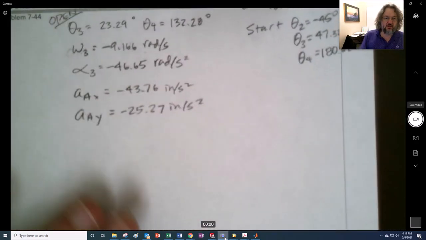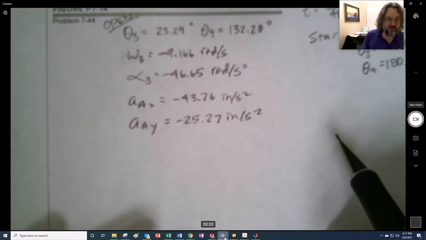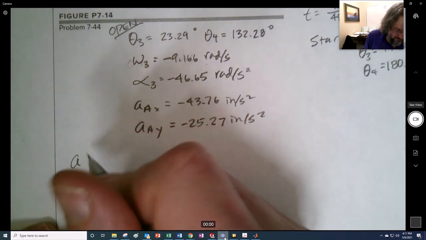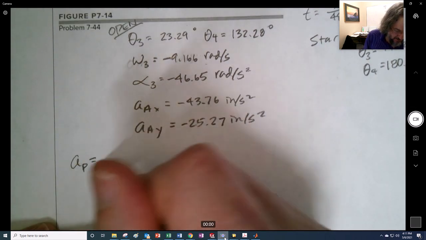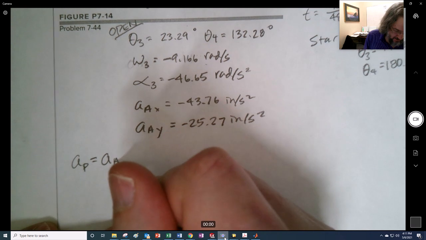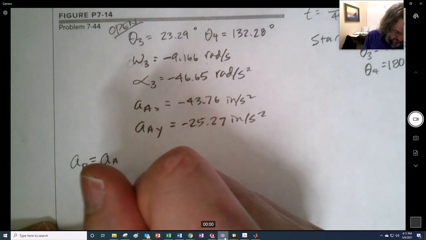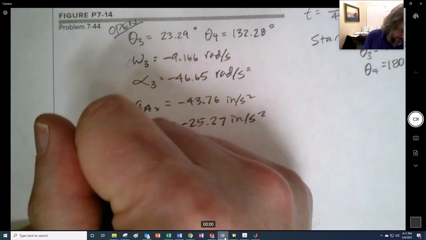All right. So if we want to calculate this by hand, the acceleration of P is going to be equal to the acceleration of A, so it's going to be in the x direction. Let's start with the x direction first.